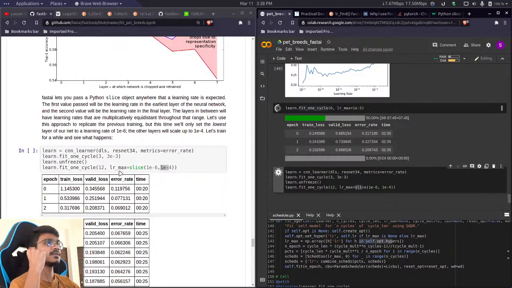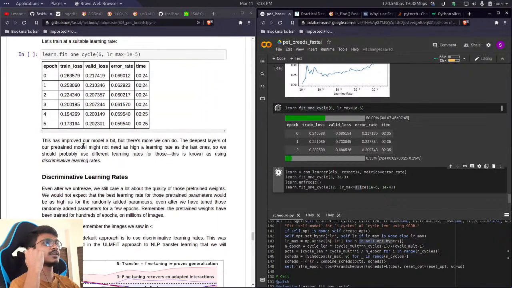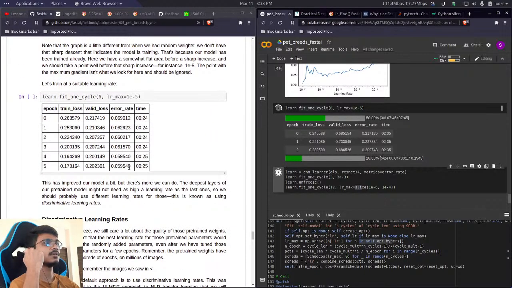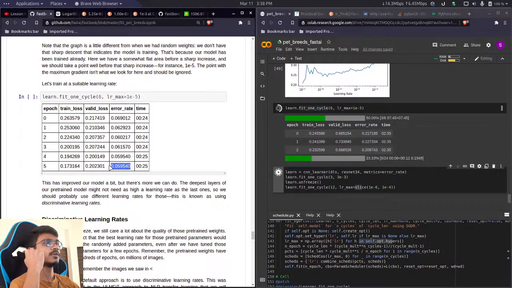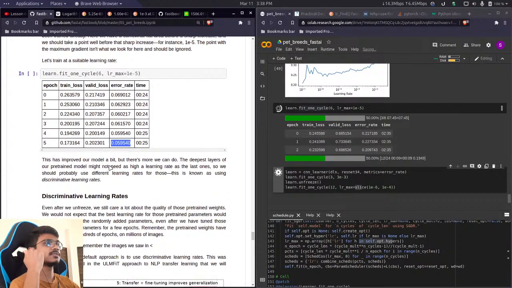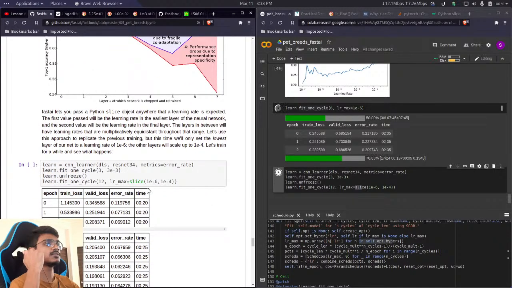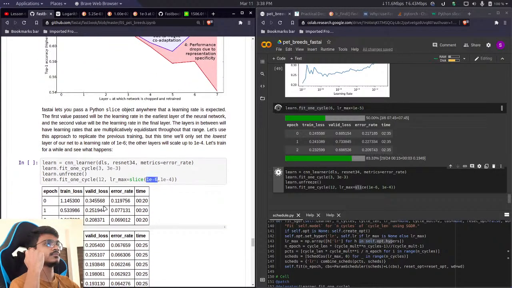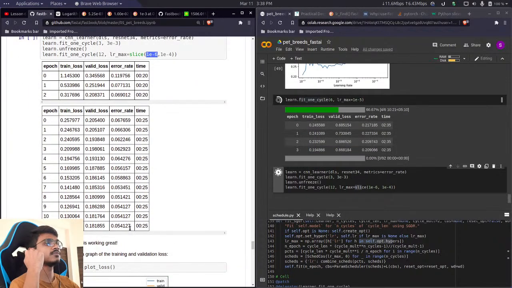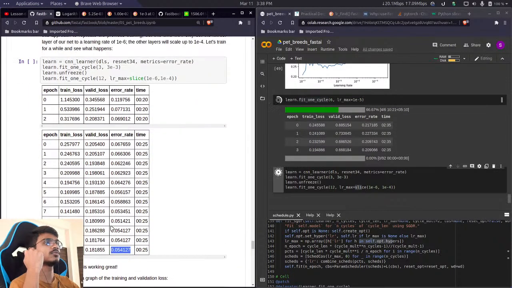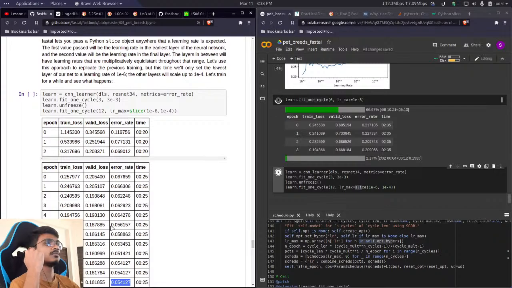When we didn't pass the discriminative learning rates, we were getting 0.059 as the error rate, and when we pass the discriminative learning rates we are getting 0.054. So we did improve the model.